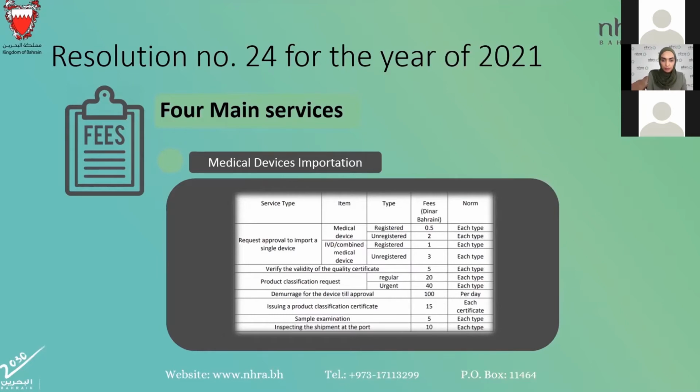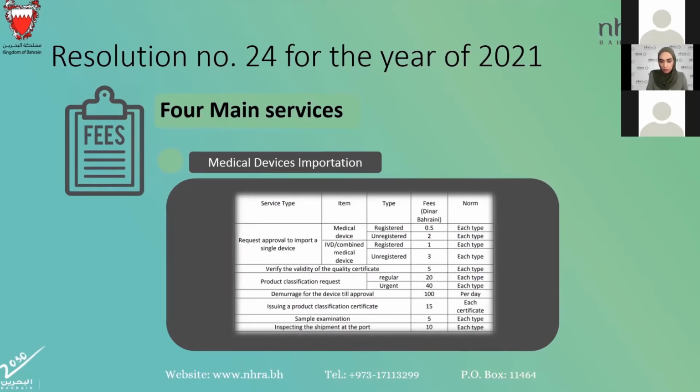Issuing a product classification certificate, we normally issue it digitally, but if you want us to issue a certificate in a certain template, printed out, the payment is 15 BD per certificate. Sample examination, yesterday Mr. Abdullah explained about the medical devices that require examination at the port of entry.